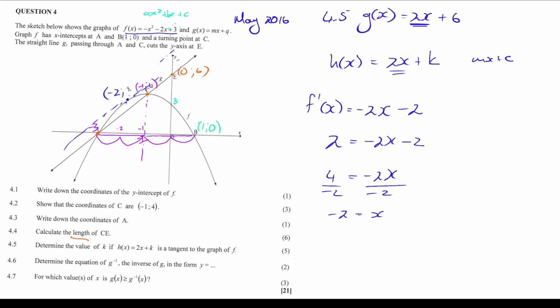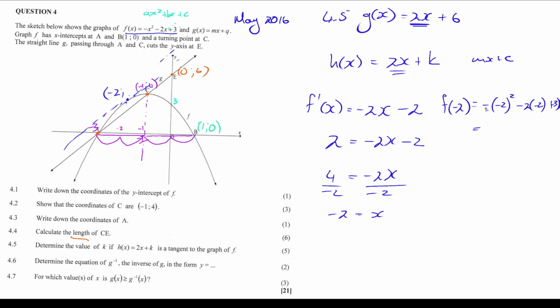We want a y coordinate. Y equals, into the original equation. So we have the original equation, substitute in -2: minus (-2) squared minus 2 times -2 plus 3.